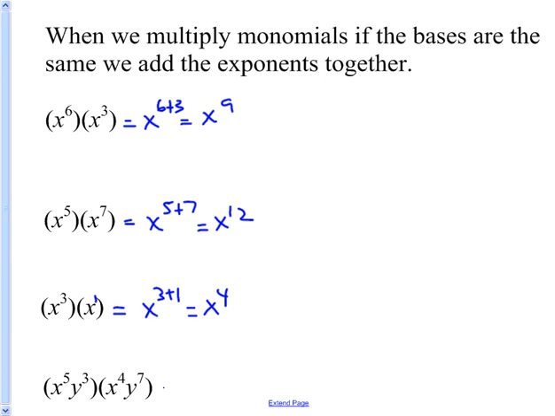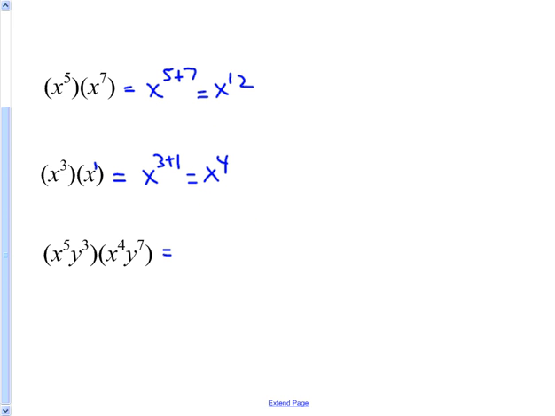And down here, remember we can only add the exponents when the bases are the same. So this will give me x to the 5 plus 4 and y to the 3 plus 7, so x to the 9, y to the 10. All right, and that's the shortcut we're going to take each time.